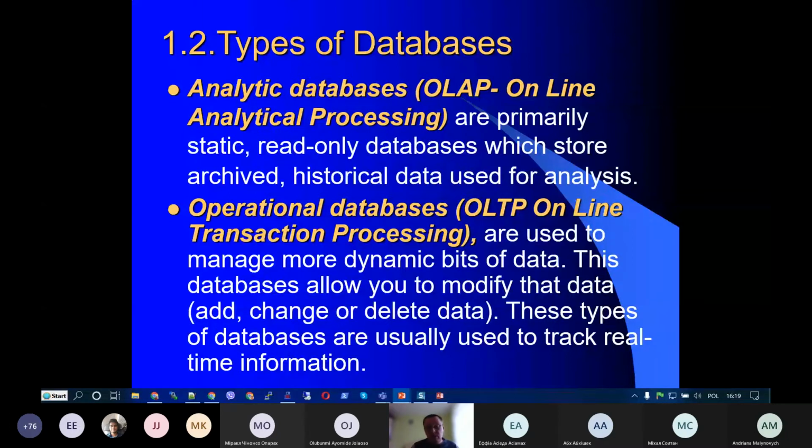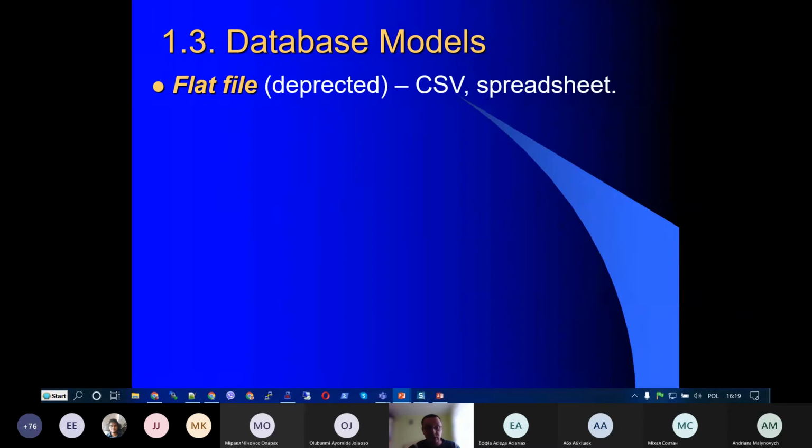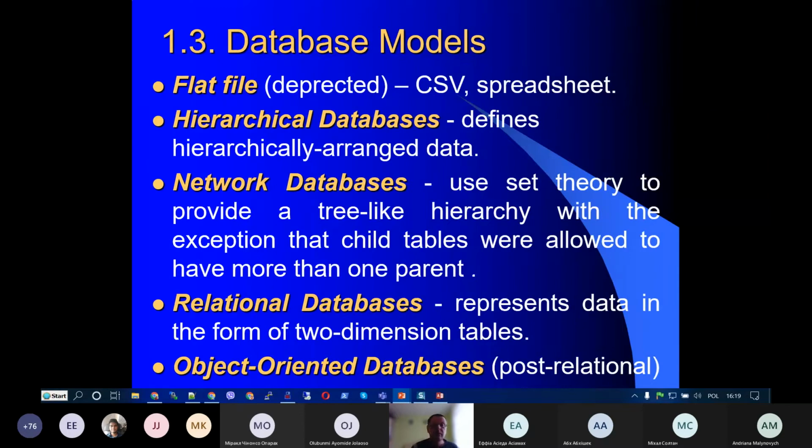But even in the case of OLTP, if we refer to some historical information, after some period the information could be marked as read-only and prohibited from being changed or updated. So some features of an OLAP database could be found even in an OLTP database. Again, the distinction is not very strong, not very strict.